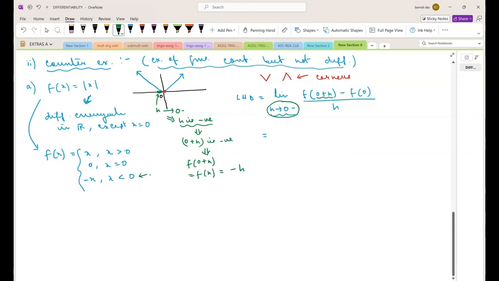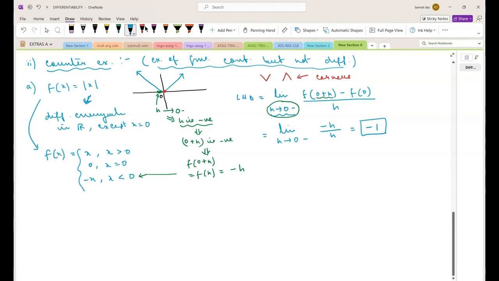So the third branch is being followed. So this becomes limit h tends to 0 minus, of minus h, and f(0) is 0, we know that mod 0 is 0, divided by h, so that is minus 1. So the left hand derivative is minus 1.